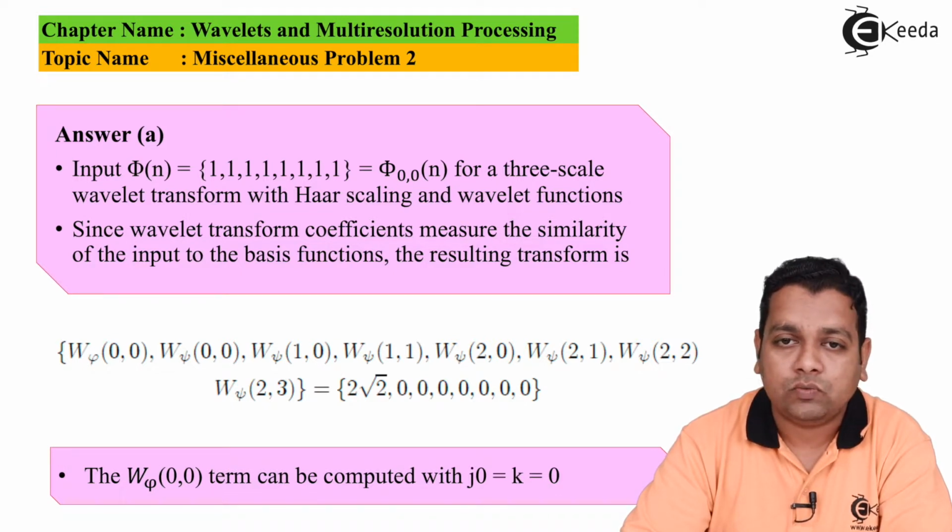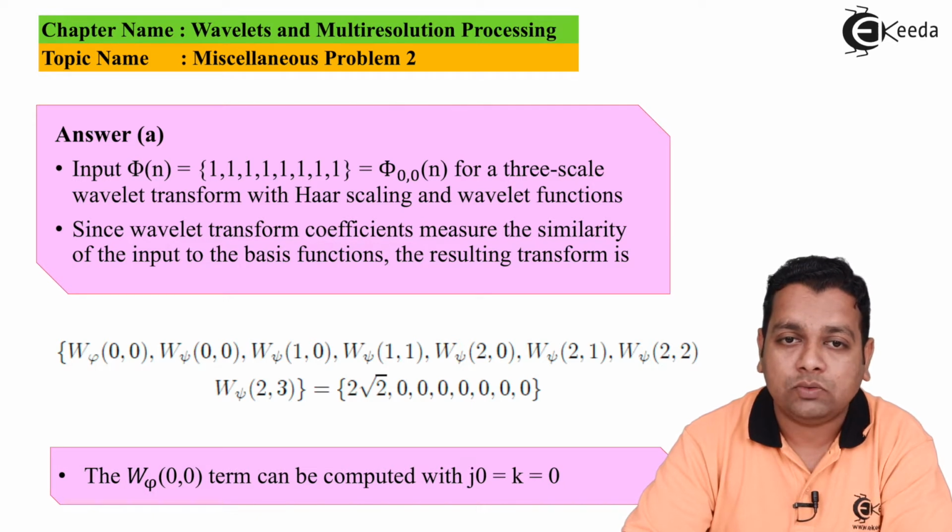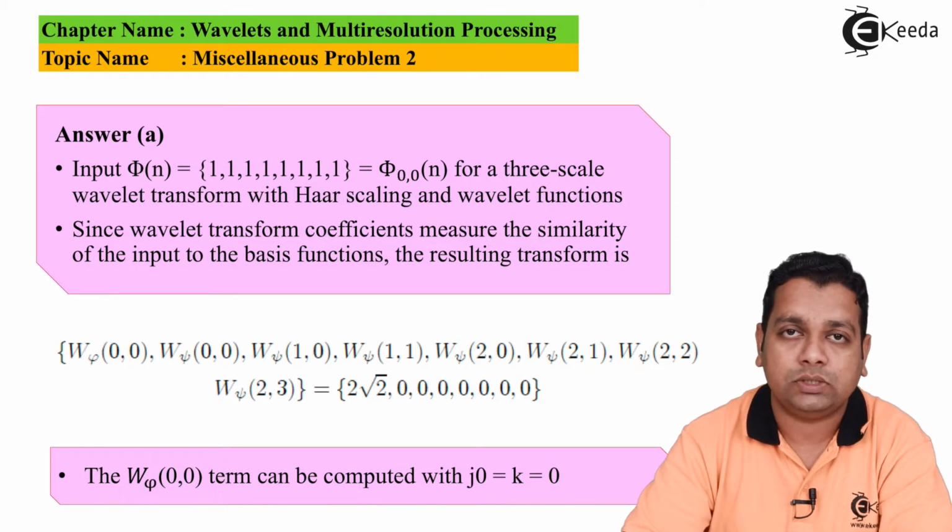So these values we have in this particular set, that is 2 under root 2, and rest of the values here we have 0. So 0 0 0 0 0 0 and last value is also 0 here. The W suffix psi of 0 comma 0 term can be computed with the condition that is j0 is equal to k is equal to 0.